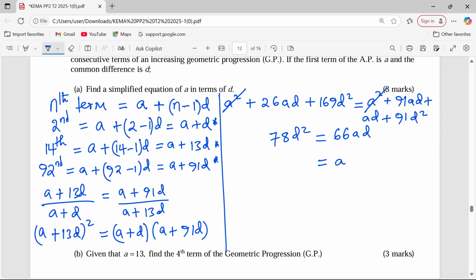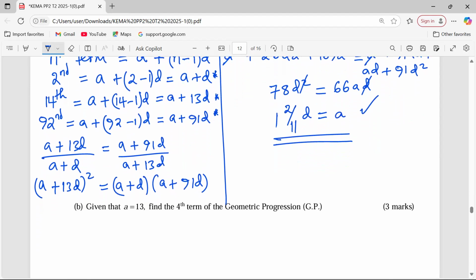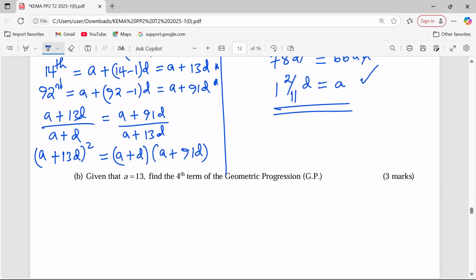This is 1 and 2 over 11 times the value of d, because one d is going to simplify, and the d squared cancels. So that's why I'm saying the value of a can be expressed as 1 and 2 over 11 d.